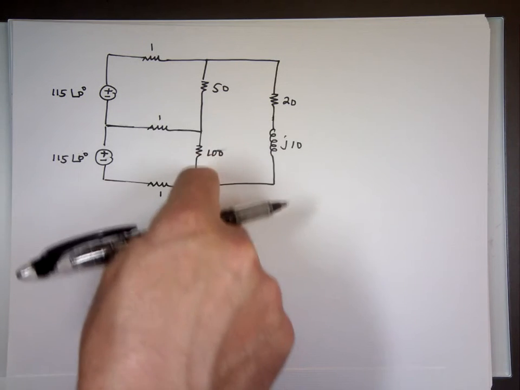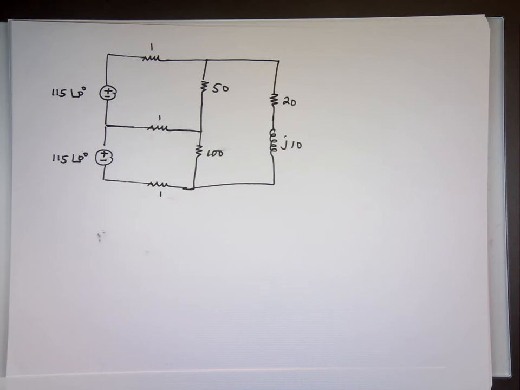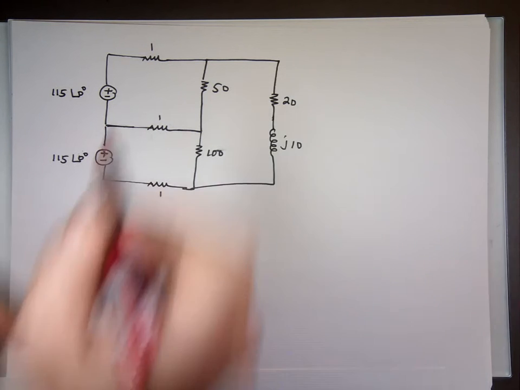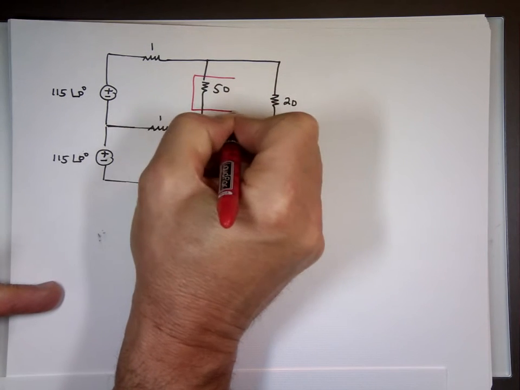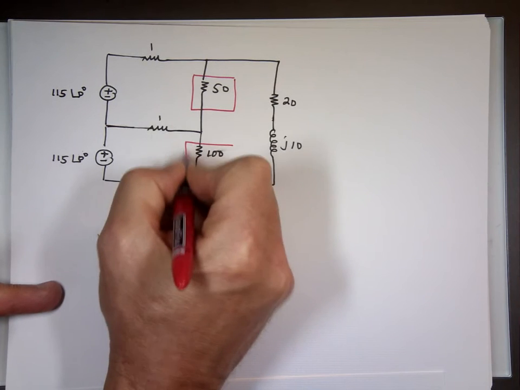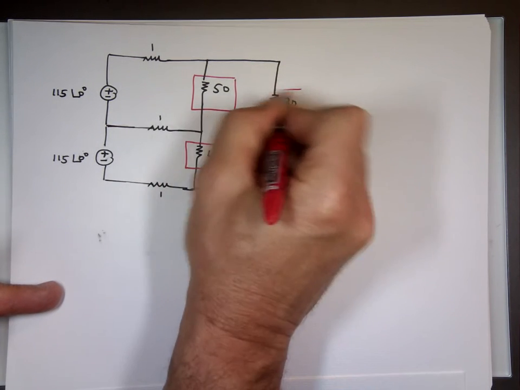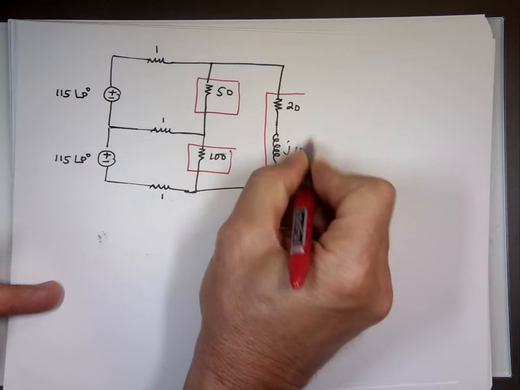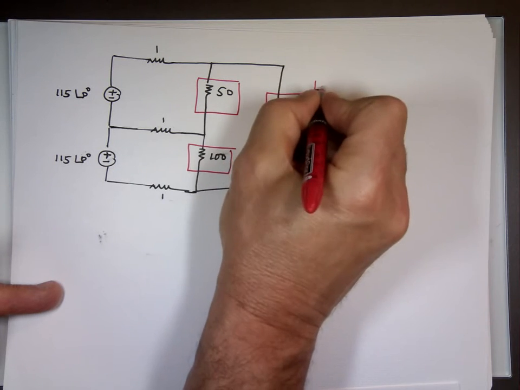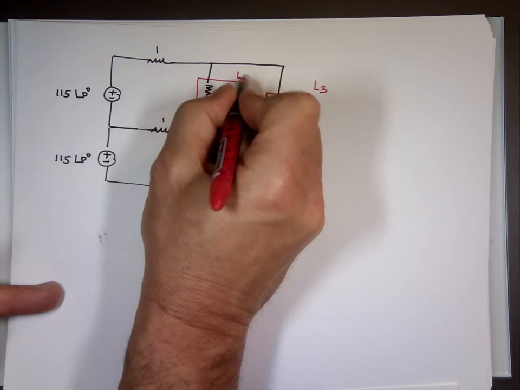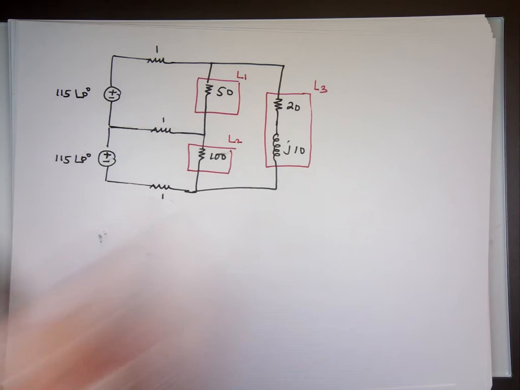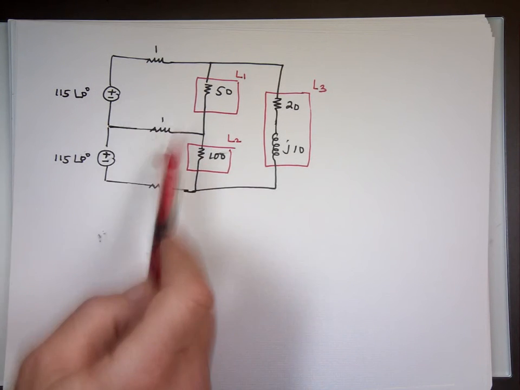Load 1, load 2, load 3. So this is load 1. This is load 2. And this is load 3. L3, load 3. L1, L2. These are the transmission resistance, the wire itself there.